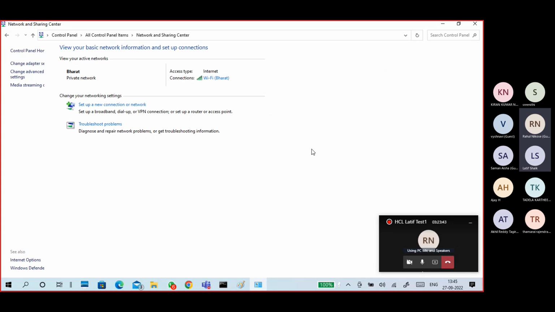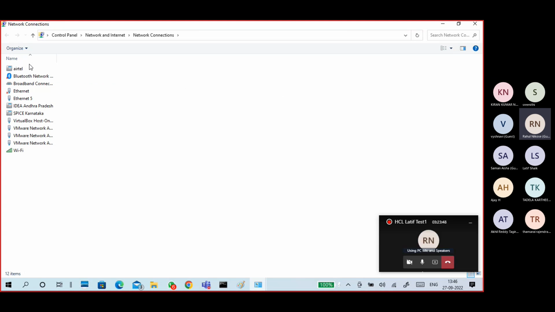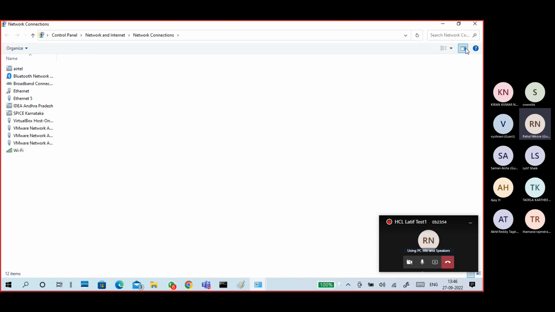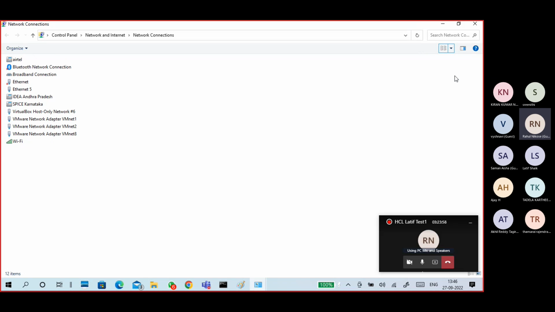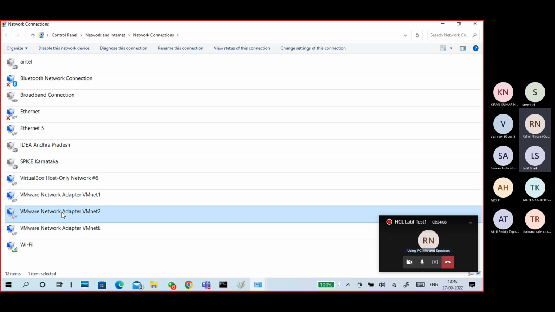Network and Sharing Center. Change adapter settings. Normally it shows a better way, right? So that is showing like this. This makes me irritated.